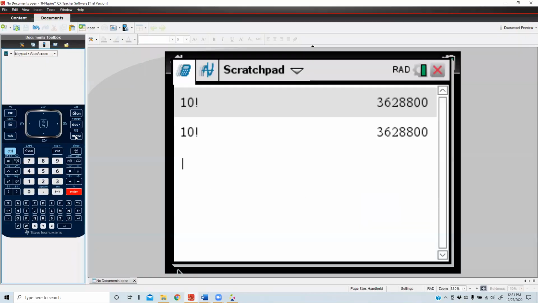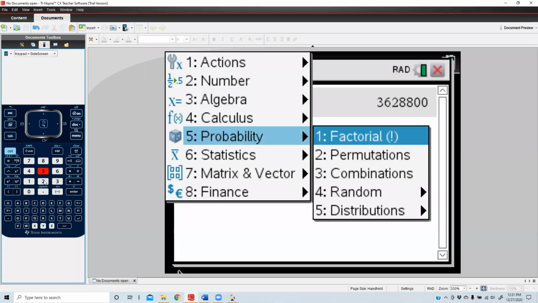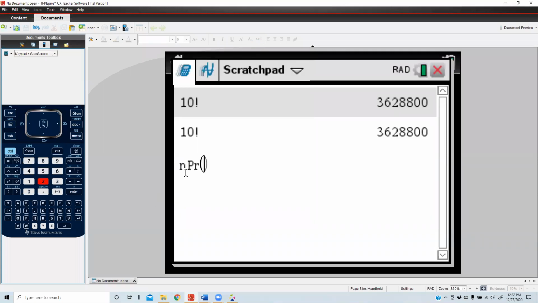Let's do that in the calculator. We go to menu, probability, permutations. So that's where it pops up with the NPR, but then you just have parentheses. So the first number you type is the 10. Then you have to put a comma. If you're not familiar with where the comma is, it's beside the O on the keyboard.